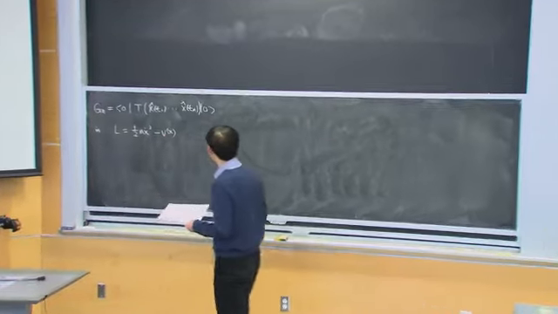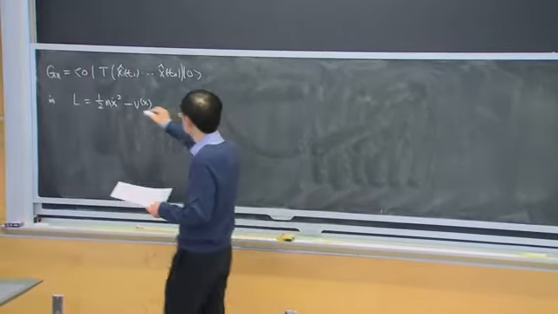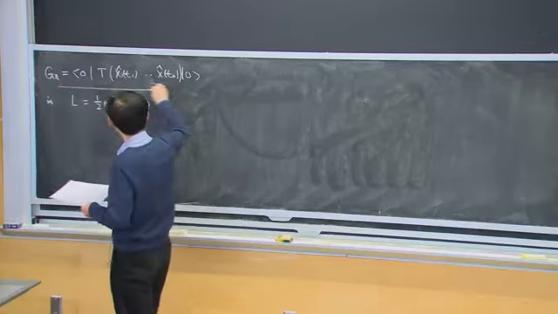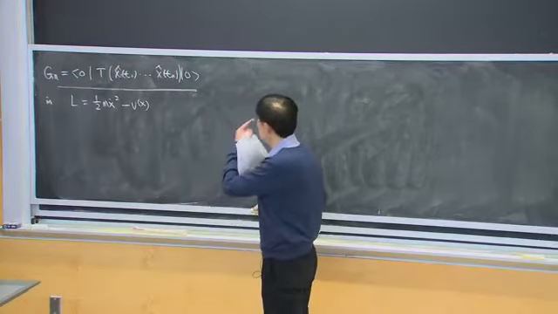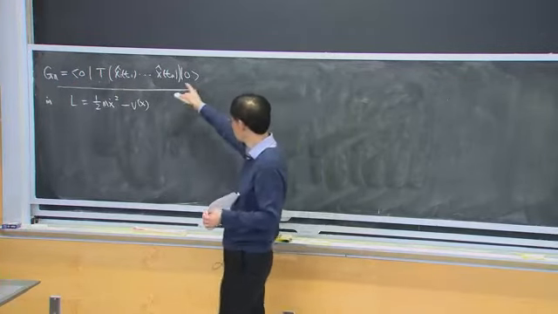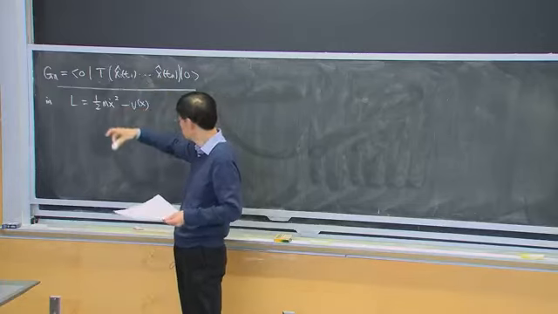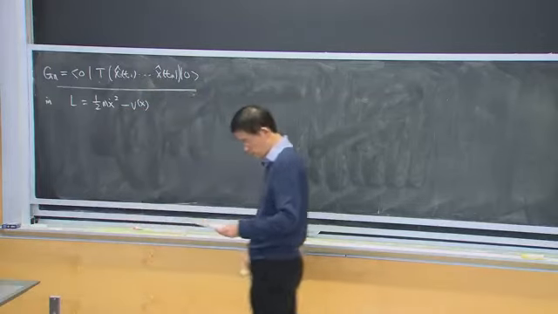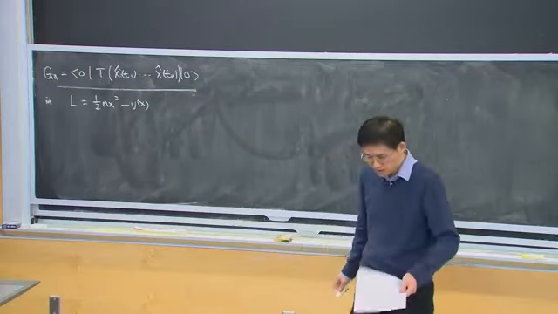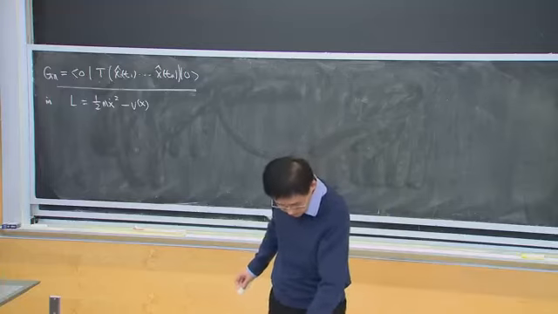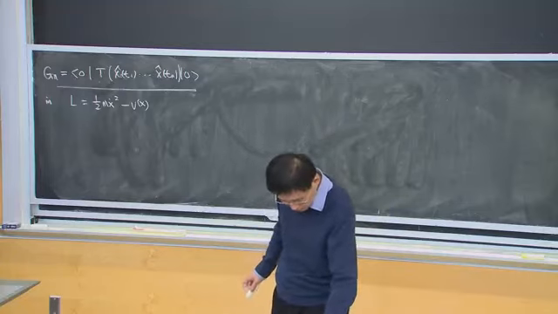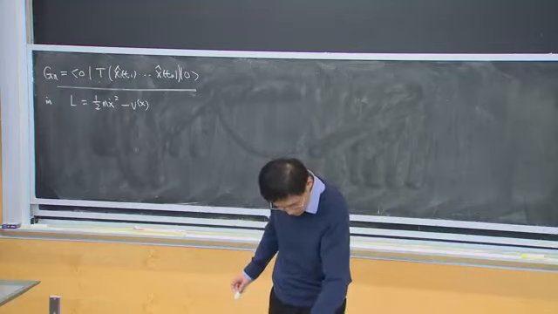So the goal is to calculate this time-ordered product, the vacuum correlation function of this time-ordered product in this theory. Last time we described how to do this using path integral, and then we derived a beautiful formula.